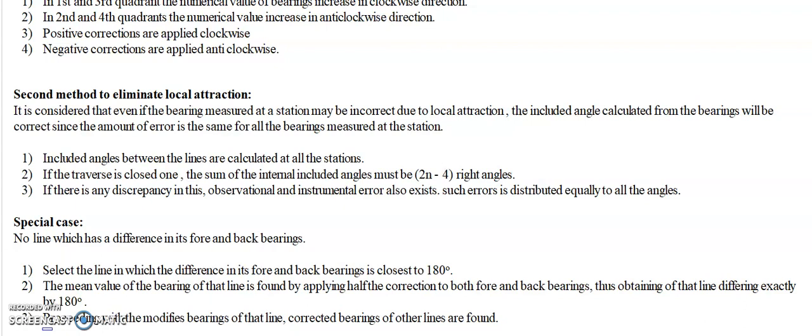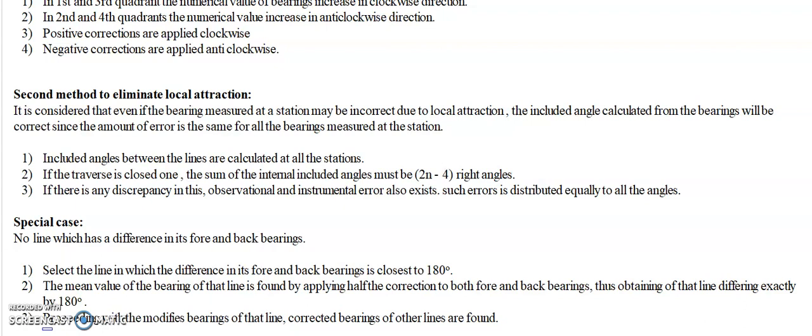Then the mean value of the bearing of that line is found out by applying half the correction to both fore bearing and back bearing. So whatever the error is, it is applied half on both sides: half for fore bearing and half for back bearing, thus obtaining that line differing exactly by 180 degrees.